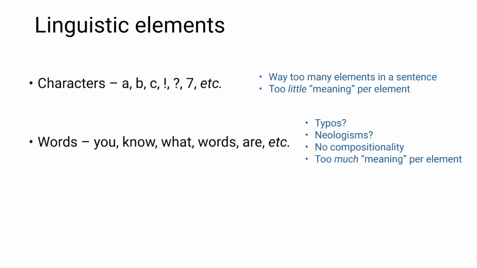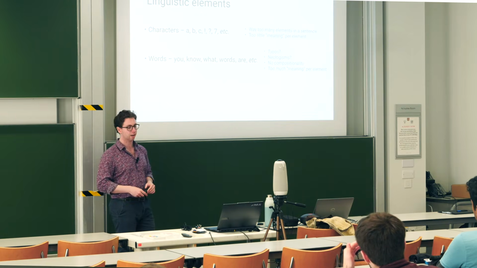And another issue is that if we're looking to carve language at the joints, so looking at a way of carving up language into linguistic elements that are natural, well, characters contain too little meaning, and words contain too much, in the sense that lots of words are made of subwords that themselves have meaning. These are called morphemes. So these are things like "ology."